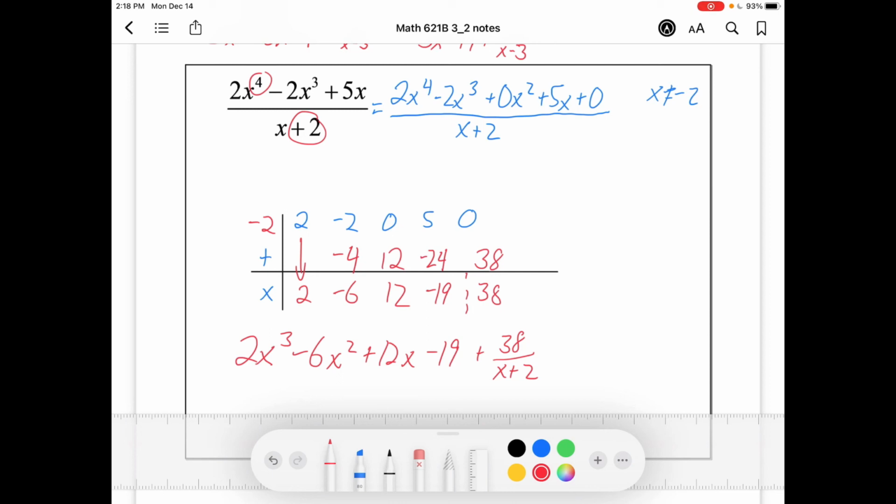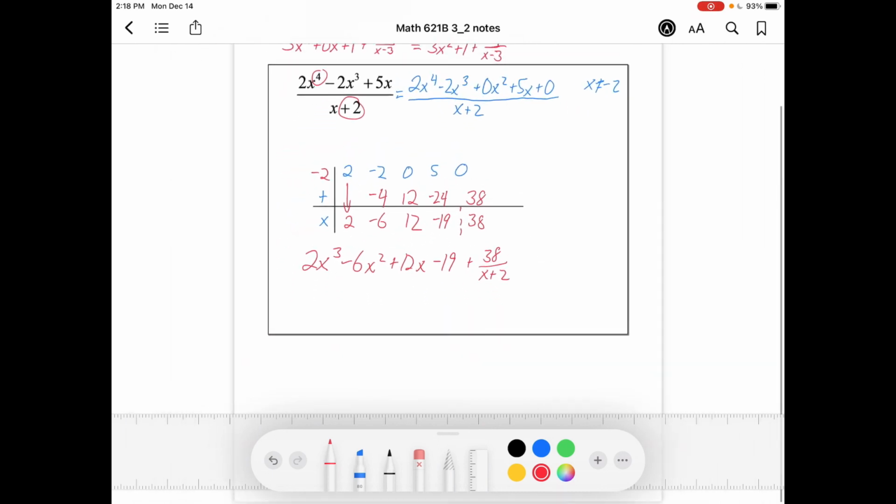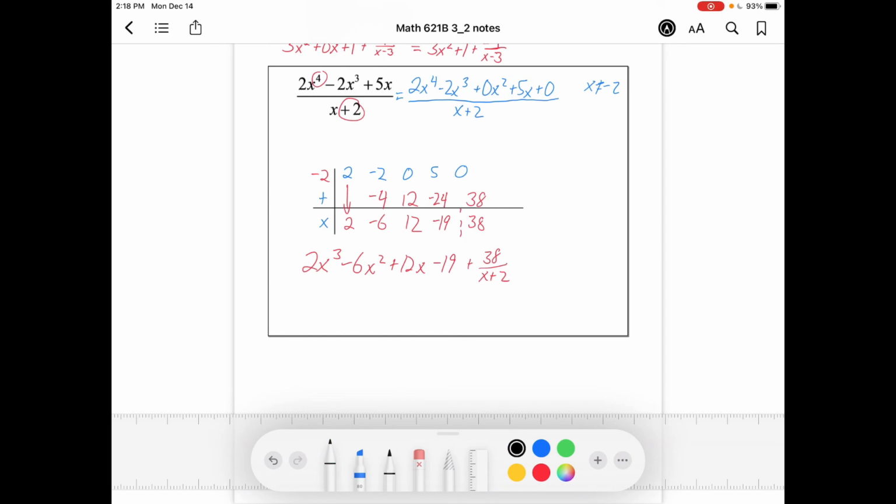I am going to make the sales pitch, though, that this was pretty slick here. I'll do this same question in long division. Let's see how long it takes.